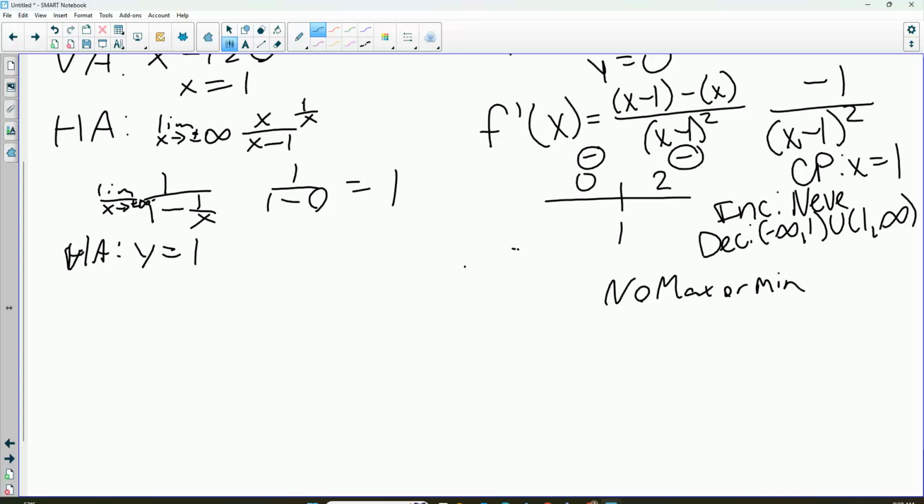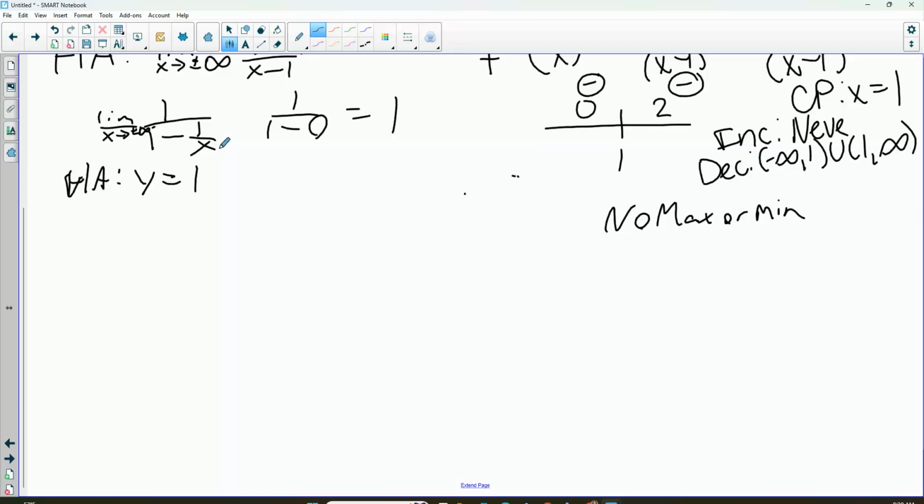Okay. Now, I'll just do the second derivative. So then you would just do low d high and then high d low, which would come out to, this one is squared, 0 minus negative 1 times 2 times x minus 1.